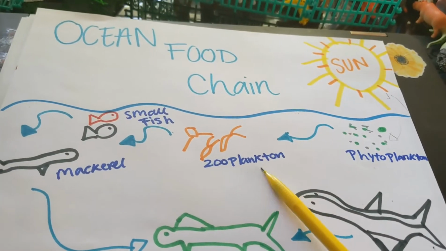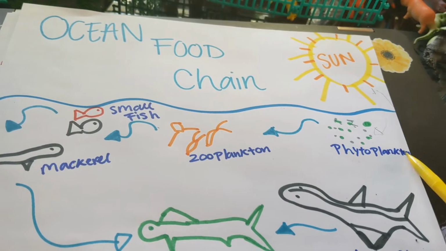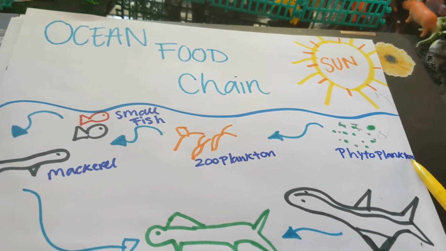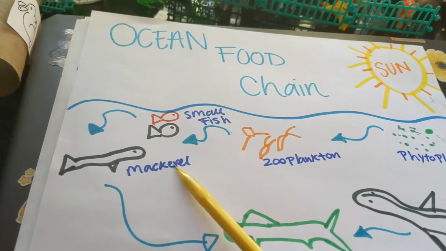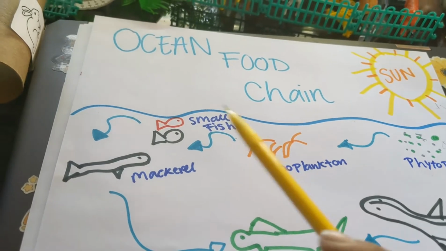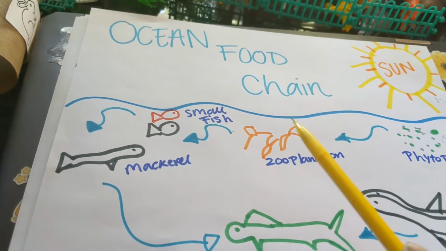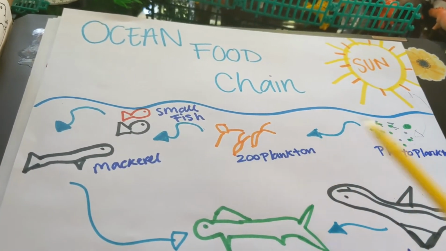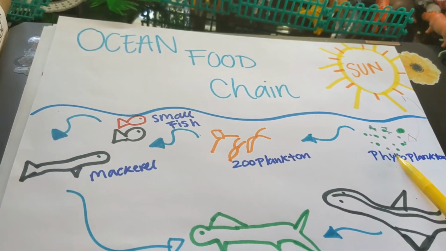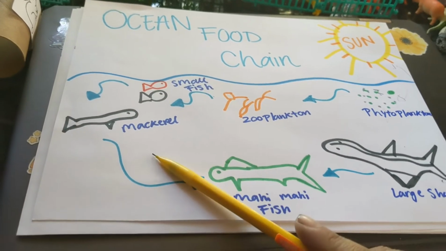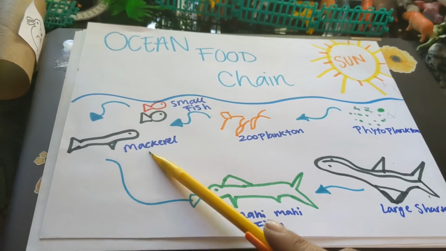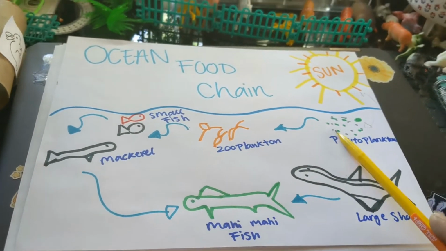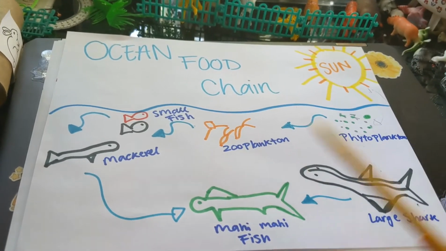So right now they have a lot of energy because they just got it from the phytoplankton, and then the small fish would get it from the zooplankton. They still have a bit of energy since it's only been two different ones that they've gotten their energy from. The mackerel is getting a little bit bigger, so it has to pass through 3. It doesn't have as much energy, but it still has some.